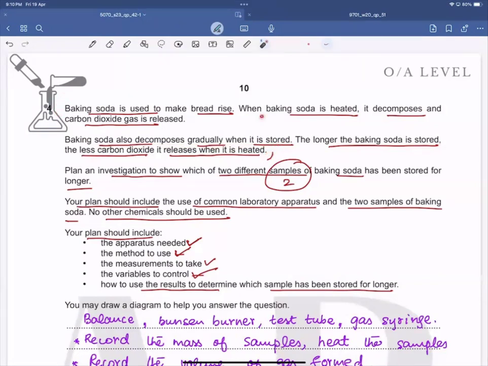They are saying when baking soda is heated, it decomposes and gives carbon dioxide, right? Baking soda also decomposes gradually when it is stored. So if I keep baking soda for a month or 2 or 3 months, then obviously it gradually starts decomposing and releases carbon dioxide. So most of the carbon dioxide has been released. Now I take it out after 3 months and use it for baking. When I heat it, it is going to produce less carbon dioxide.